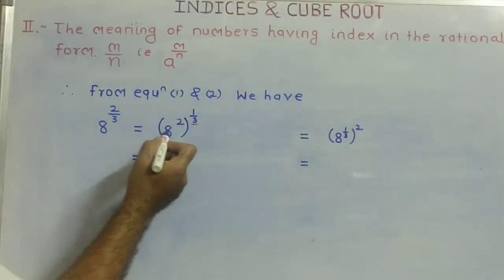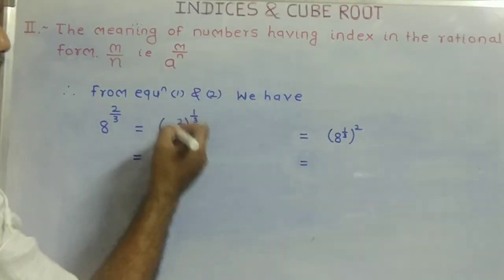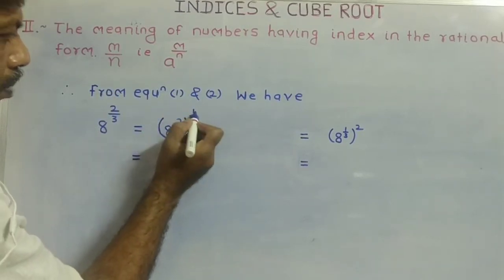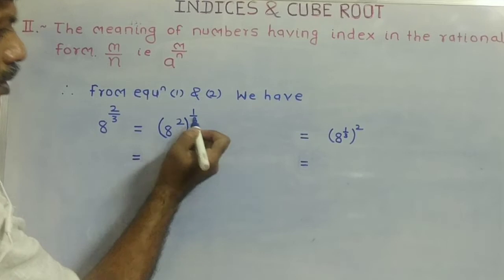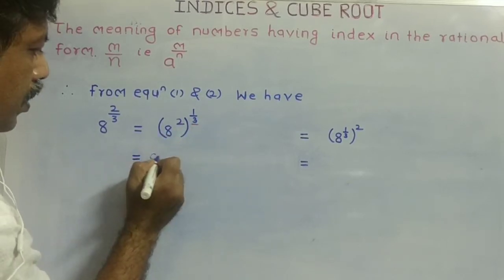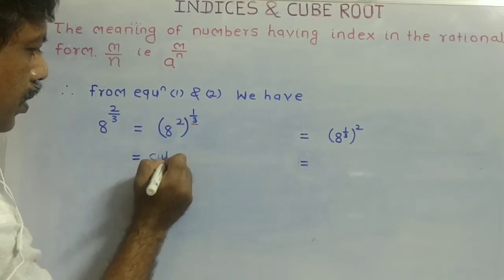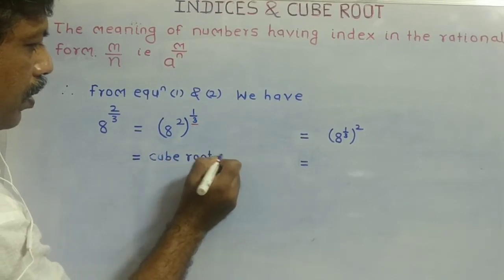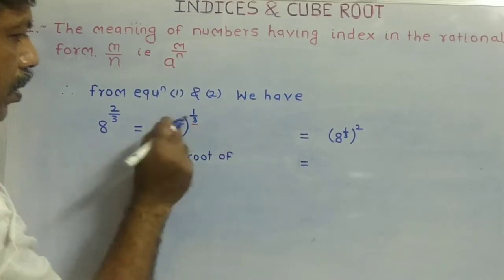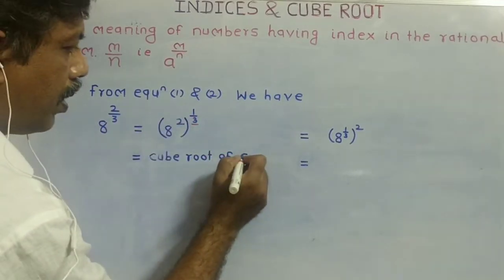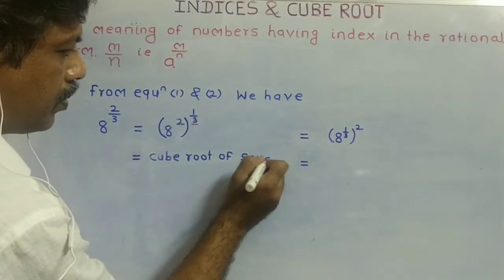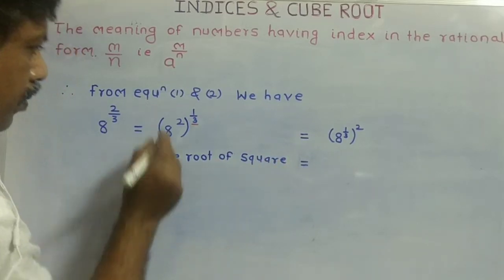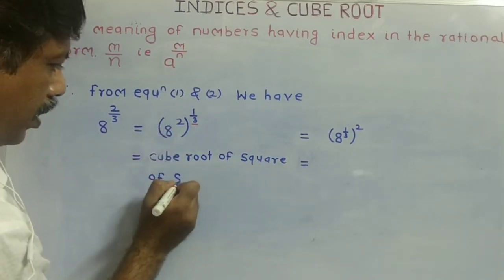Now, we have to express these terms in terms of statement. How will we write it down? Start from here. 1 upon 3 means cube root. Which root? Cube root. Cube root of 2 means square. Square of which number? 8.